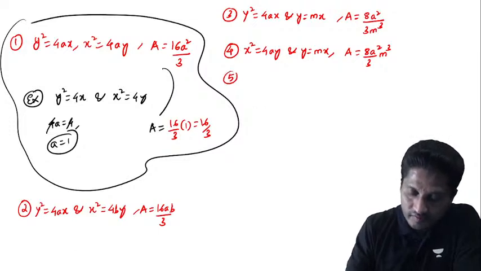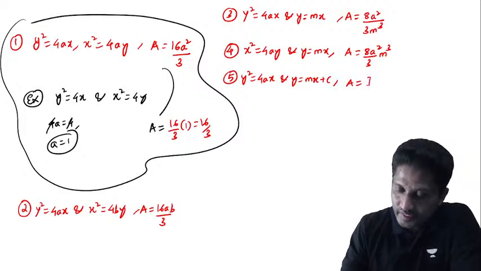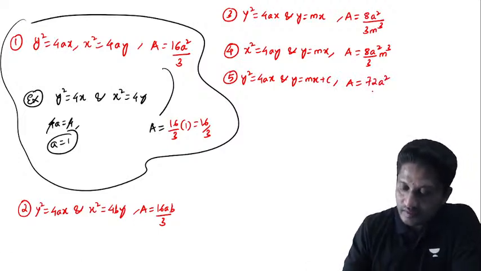Okay, now let's say if you have y square is equal to 4x and line y is equal to mx plus c. Okay, area is equal to 72a square by m cube.